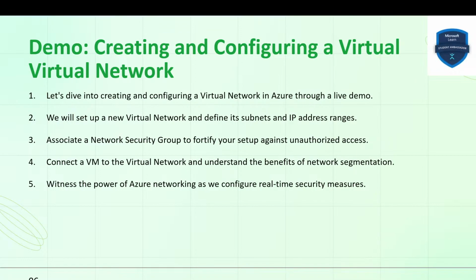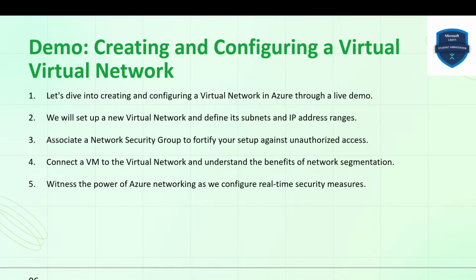For name, enter a name for your VNet. And for region, select the region where you want the VNet to be deployed. The basic configuration settings determine where and under what conditions your VNet will operate. Choosing the right region is important for latency, compliance, and availability considerations.